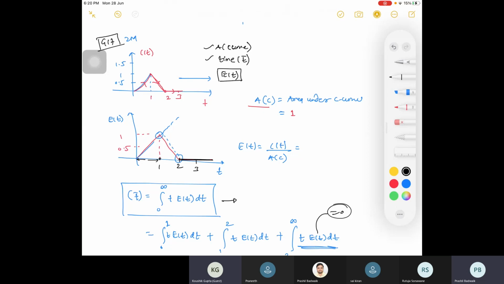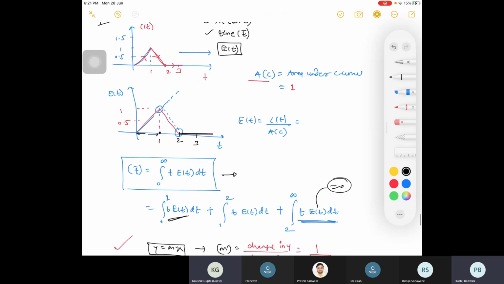Sir, not by graph, but we can expand this formula by UV, integral 0 to infinity t E(t). Yes, you can expand, then we can use the area under the curve.